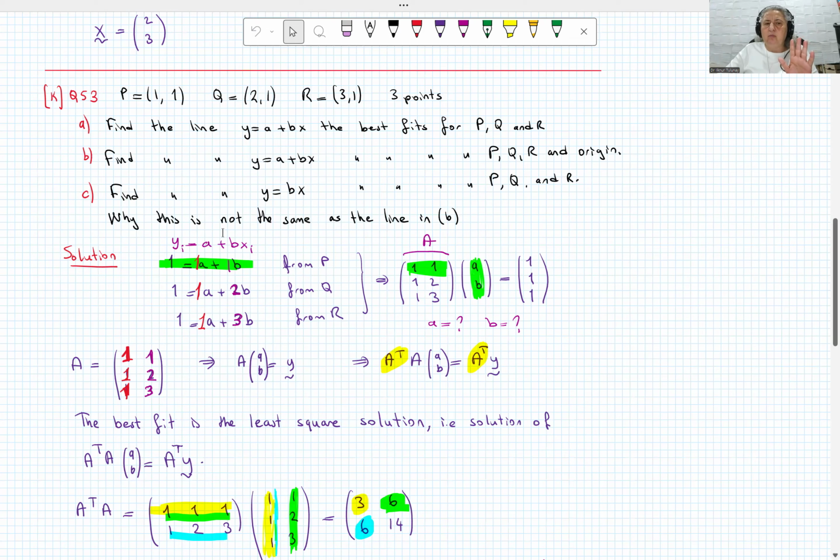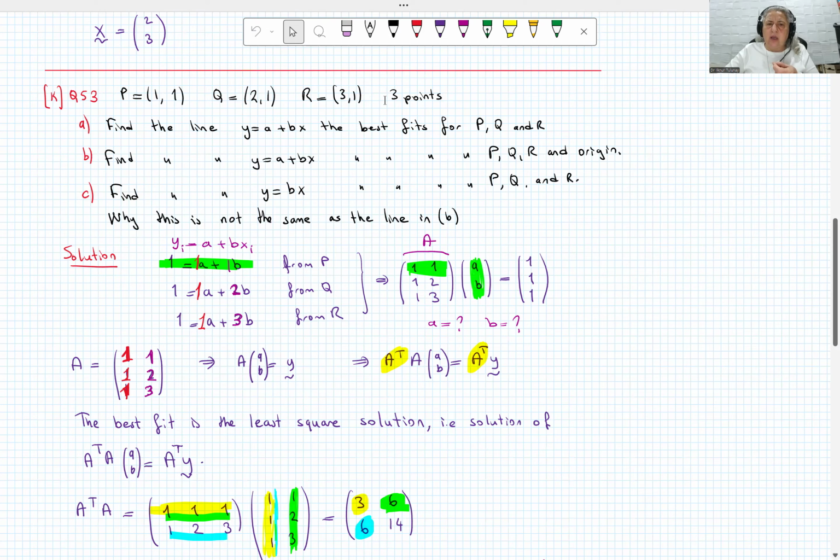That's it. B, this is what we would like to find out, but xi changes. For the point P, I have 1 because P is 1, 1. Q is 2, 1. So x2 is 2 and x3 is 3. So this is why I have 3.